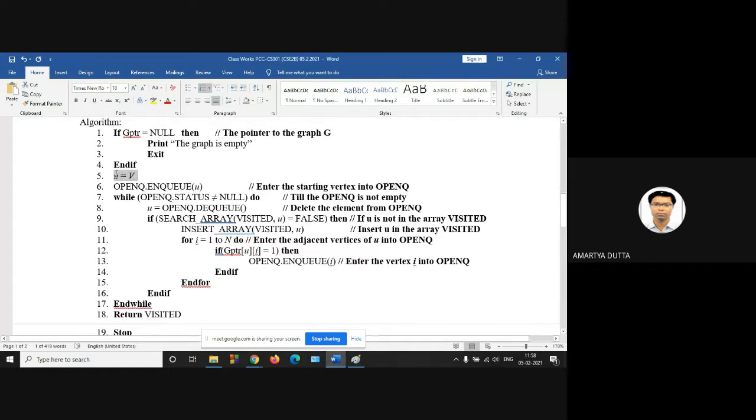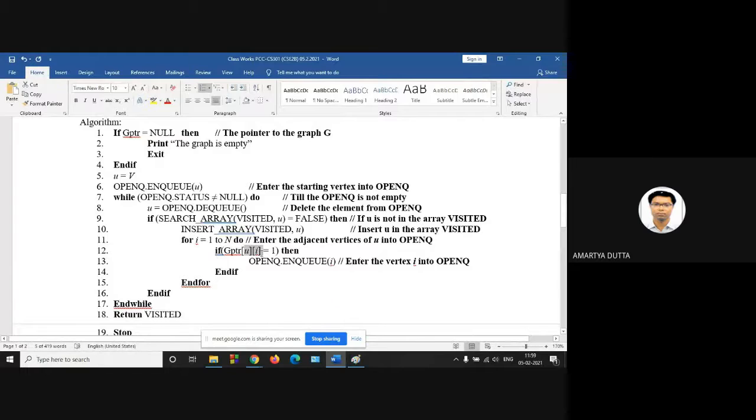So first Q is copied in U, then enter U in the open queue, and while your queue is not empty, first delete that particular element and search. If it is not in the array, then insert it, and then starting from 1 to n, find out the adjacent vertices.